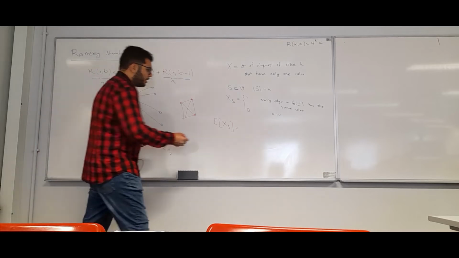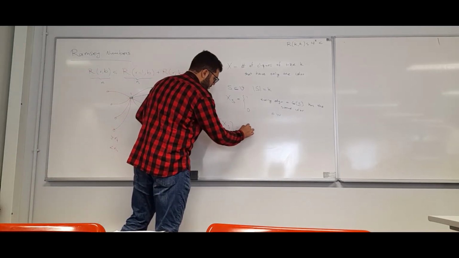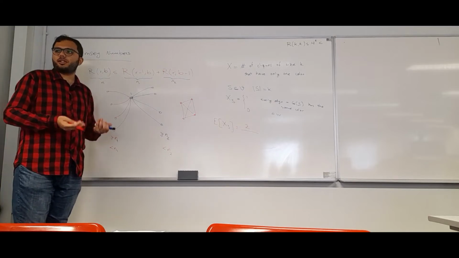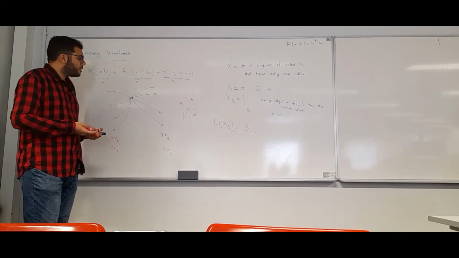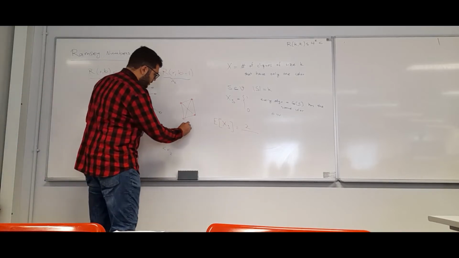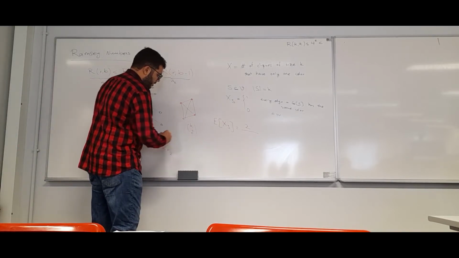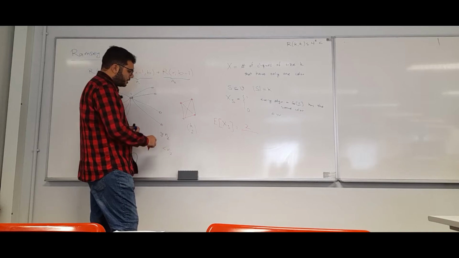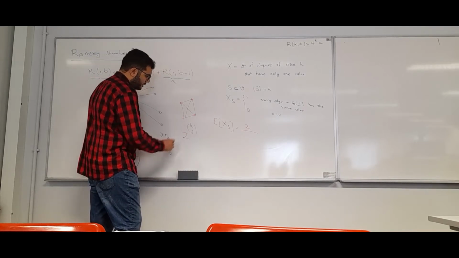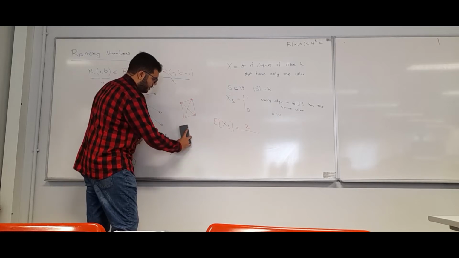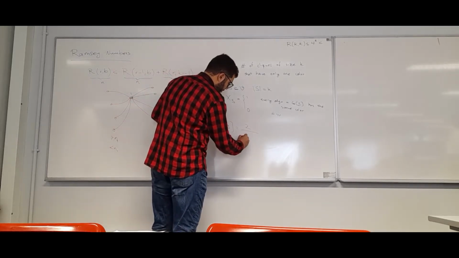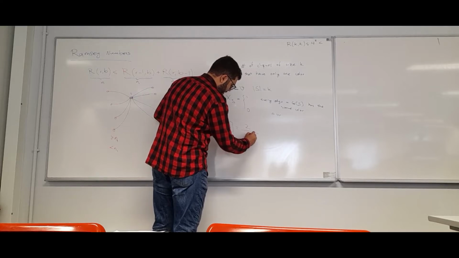So this probability is 2 divided by the total number of colorings that I can have, because all of the colorings have the same probability. So in how many ways can I color this? Well, the number of edges is just k choose 2, right? And for every edge, I can decide if it's going to be red or blue, so the number of colorings is 2 to the power of k choose 2. So this expected value is 2 divided by 2 to the power of k choose 2.